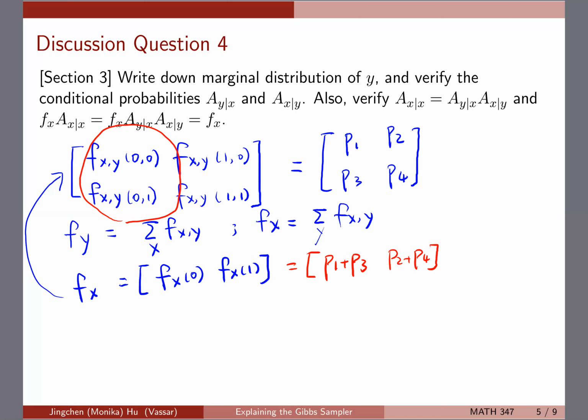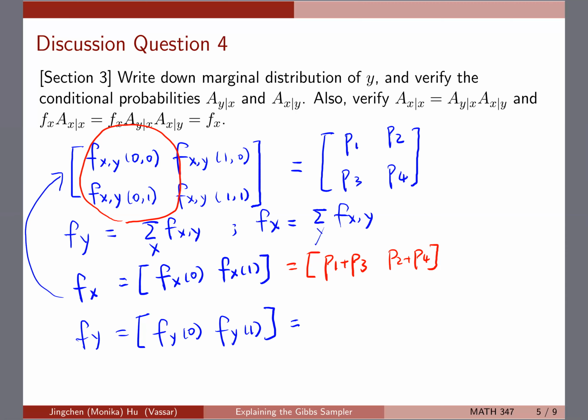That makes sense? So how about the marginal of y? Instead of looking at columns, we look at rows. Again, this is a 2 by 2 case, so it's easy to deal with.